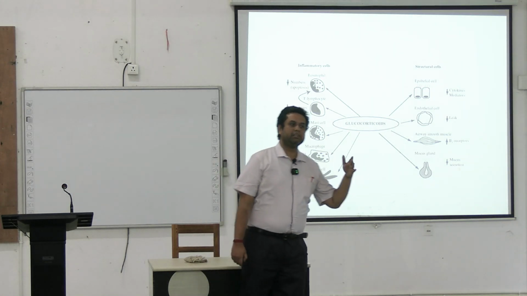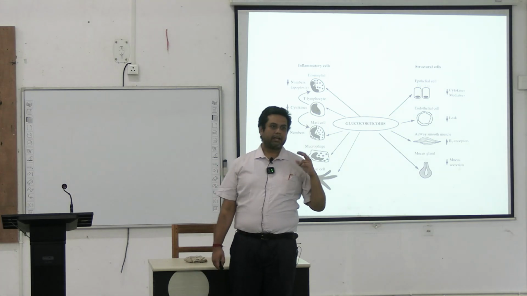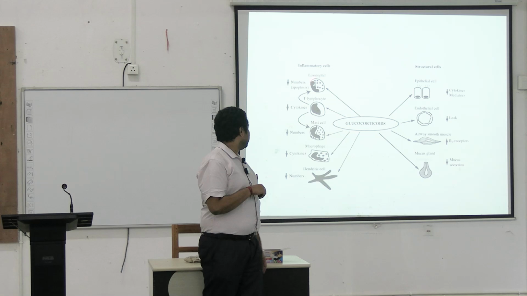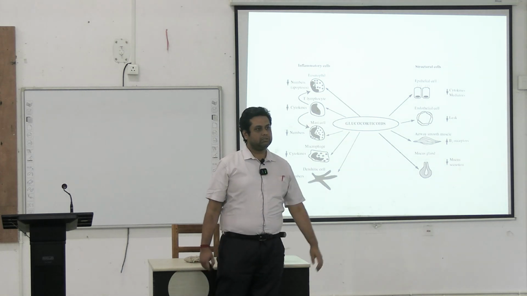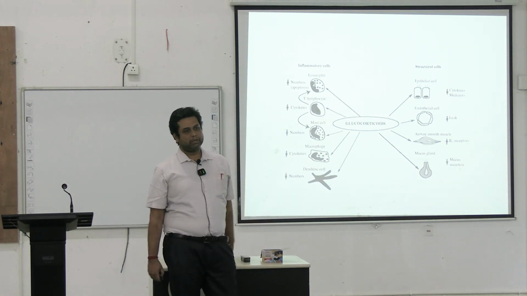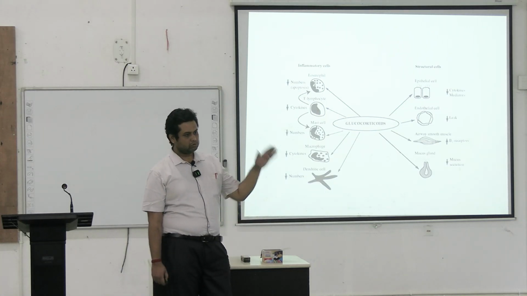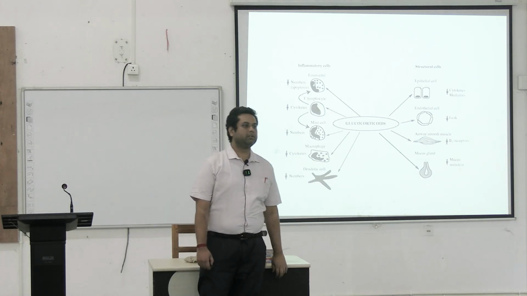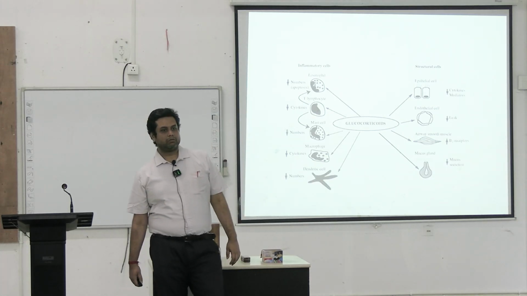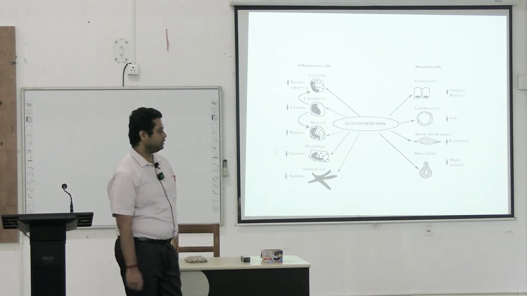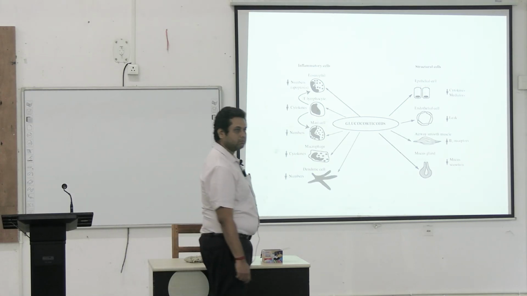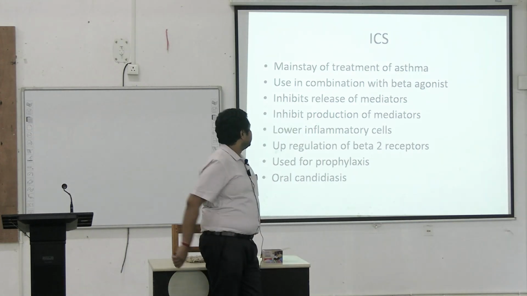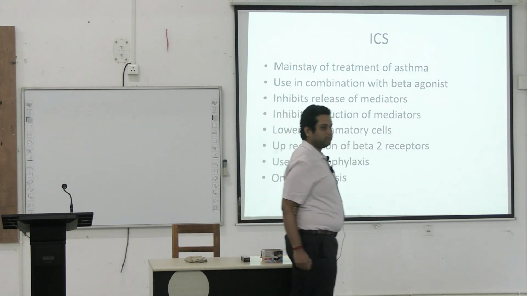Firstly, it prevents the recruitment of cells, and secondly it promotes apoptosis of certain cells like the eosinophil. So the cell number is reduced, the inflammatory mediators are reduced. So what will be the net effect? There is lowering of inflammation.